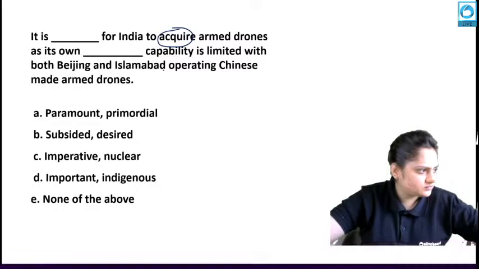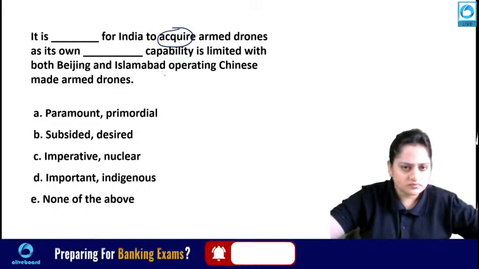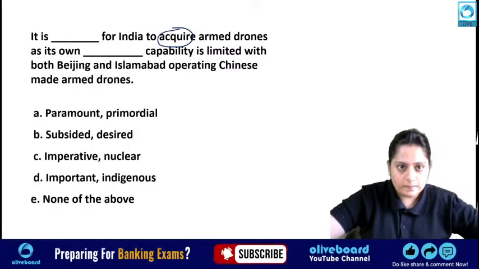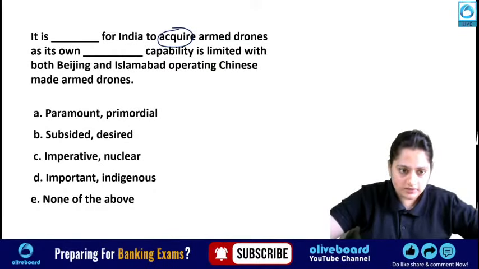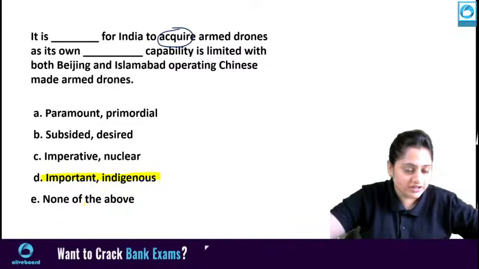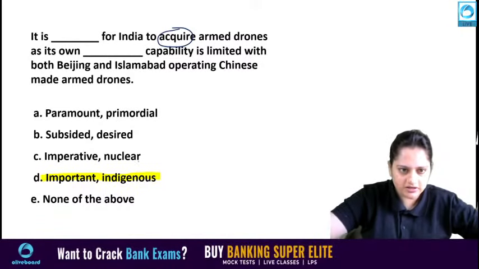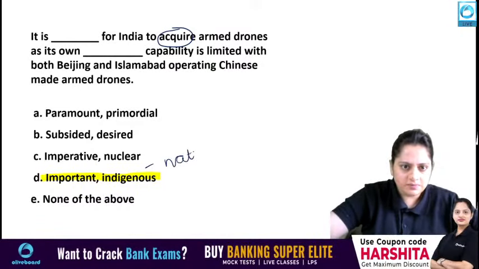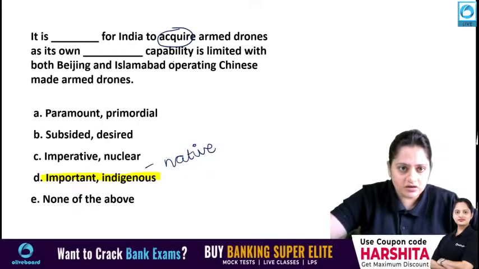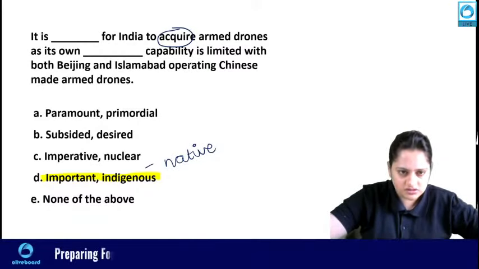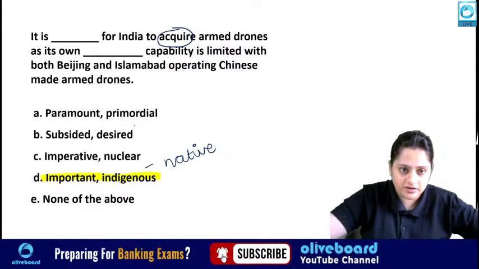When we talk about native, when we talk about local, what do you say? Indigenous. From the second word you get it, guys. Native capability is limited. You can't create a lot of drones, you need to acquire them.